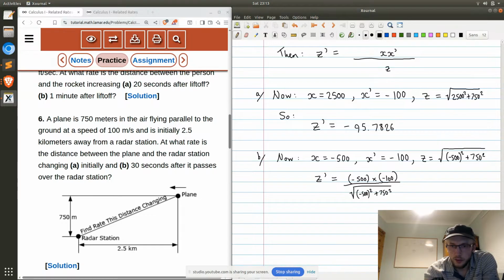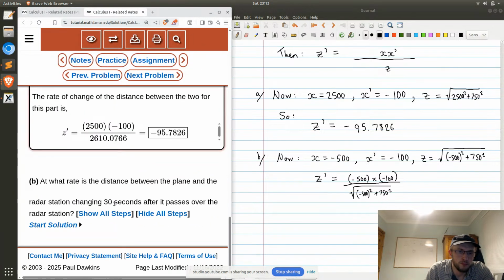Okay, square root time. Okay, so it's a positive answer, which is positive. It's around 55.